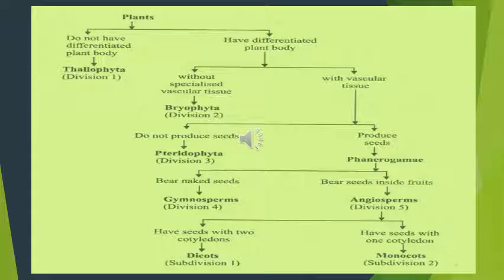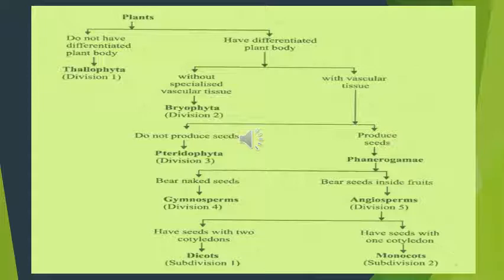Then some of the plants with well-developed vascular tissues produce seeds that may be naked or that may be present inside the fruit. So according to them, they are classified into gymnosperms and angiosperms.